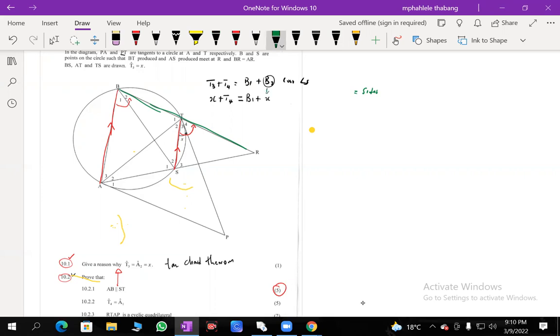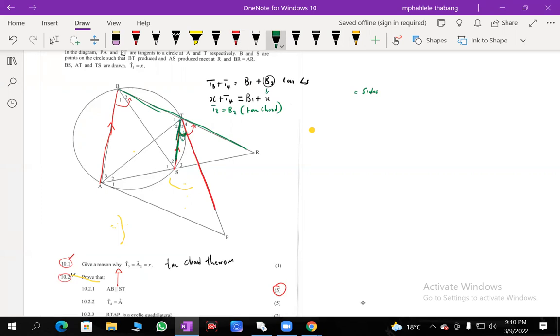Why is B2 X? Because angle T3 equals B2, tangent and chord. The angle between a tangent and a chord. This is our tangent. This is our chord.